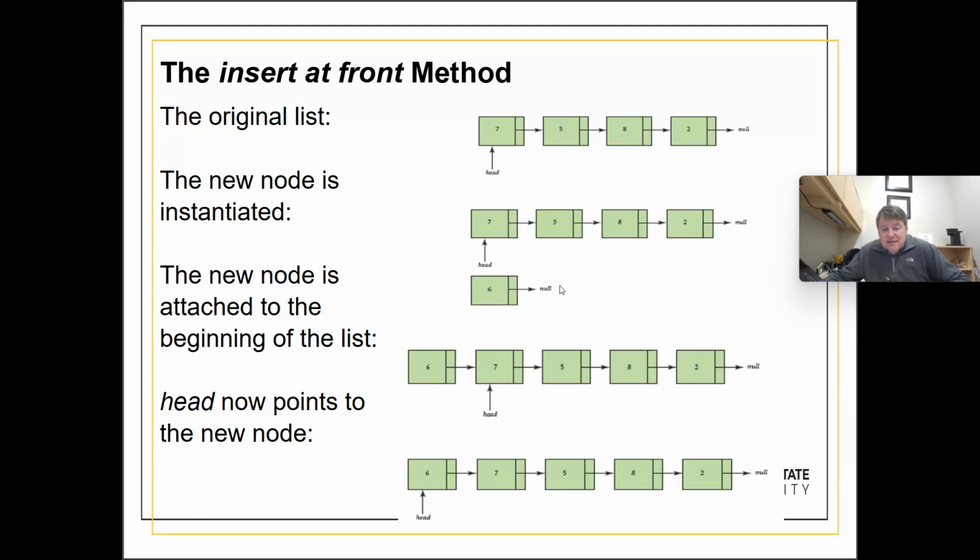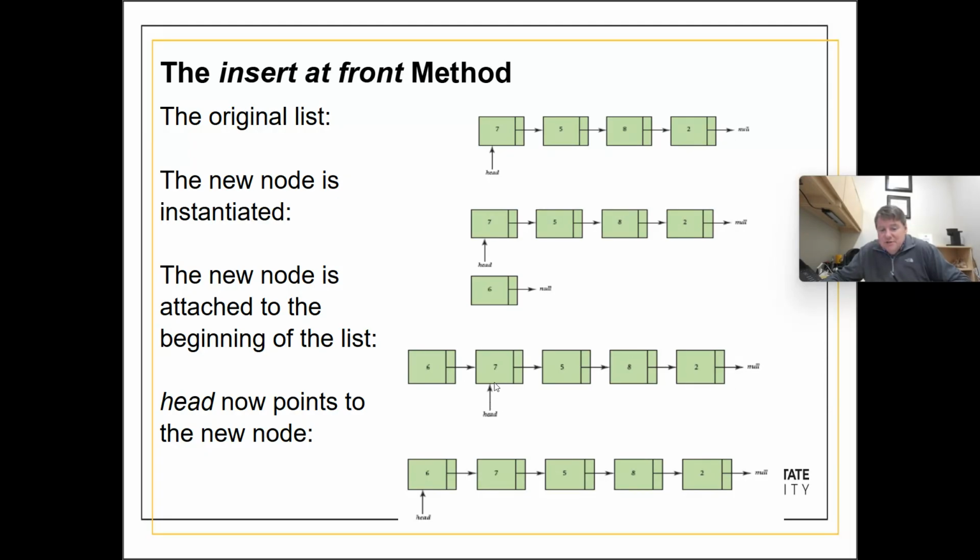Okay, so the next step is we take this arrow, this link called next, and we set it to the same place as head. That has the effect of it linking to this node and head also linking to this node. There can be more than one thing linking to the same place. All right, so we're still not in the linked list, but now at least if you were to somehow come into the new node and ask it to go to next, you'd get to the beginning of the list, and then next, and then next, and then next, and then null.